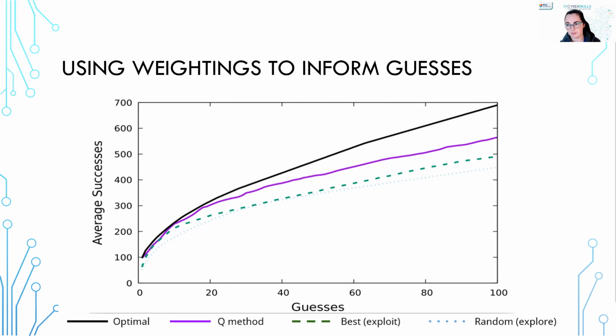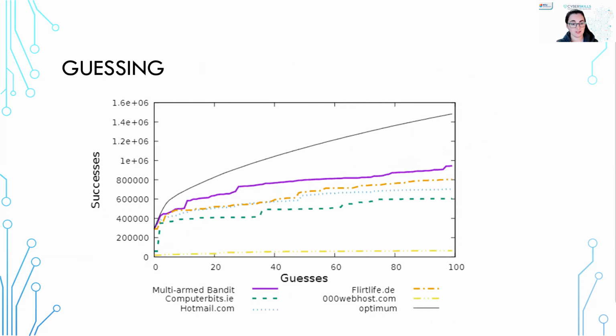So this was for the simulated password set. The next thing we looked at is a non-simulated password set. We just took the list of all the RockYou passwords, and the RockYou passwords are pretty highly studied, so that's kind of nice.